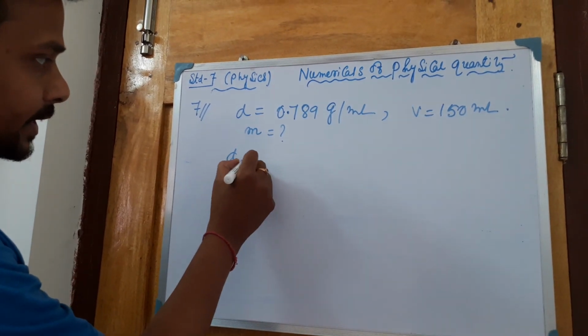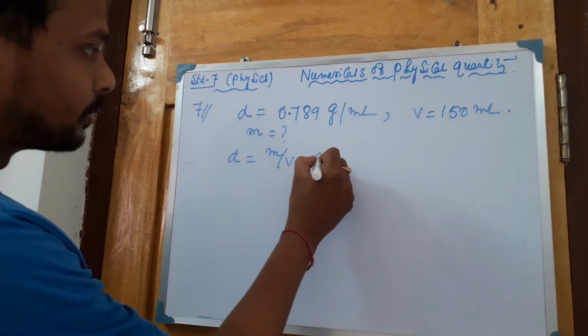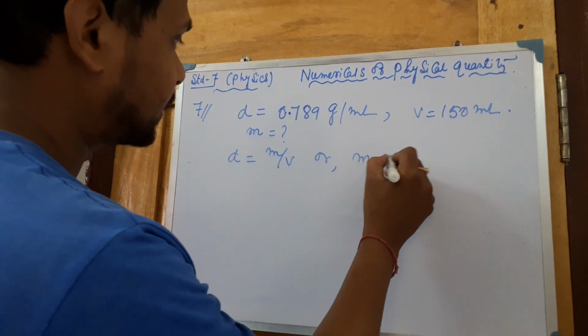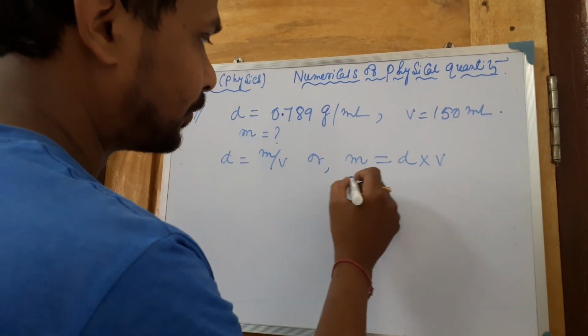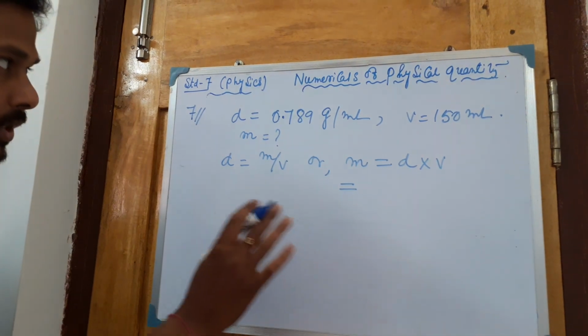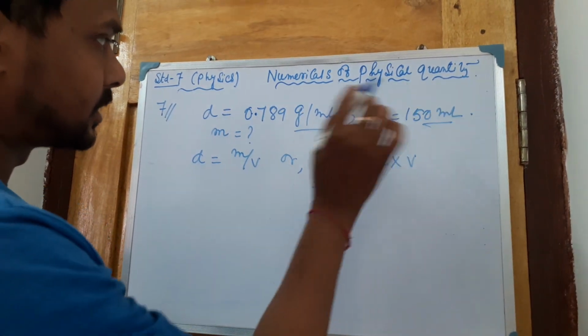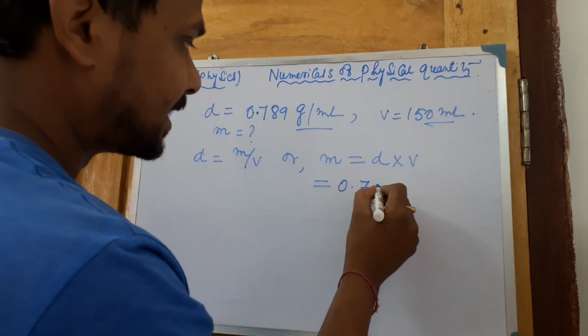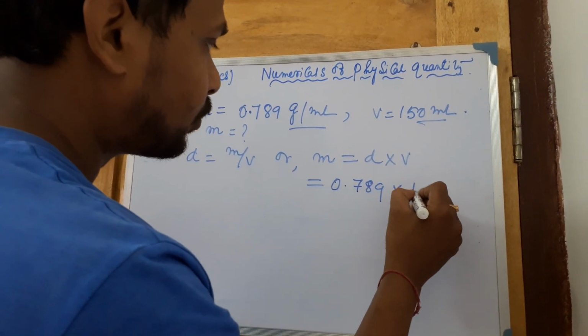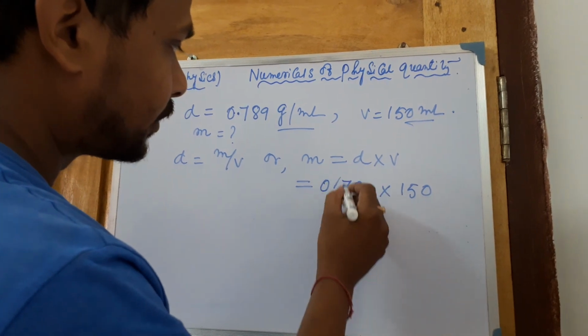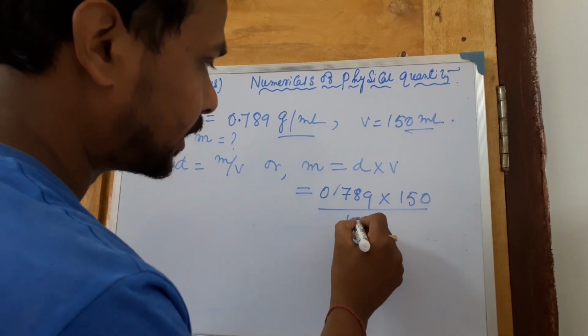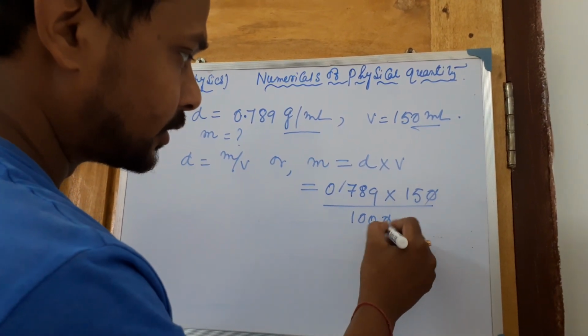So we know that density is equal to mass by volume, or from here you can write that mass is equal to density into volume. If you do the calculation, it is just simple multiplication, and they are all in the same system of units. So 0.789 into 150. From here you can cancel, then definitely 1000 will come.